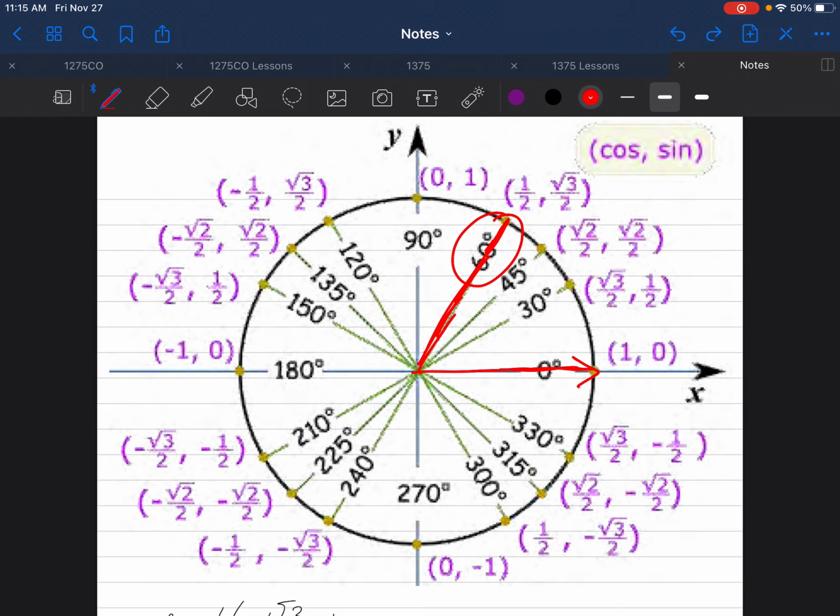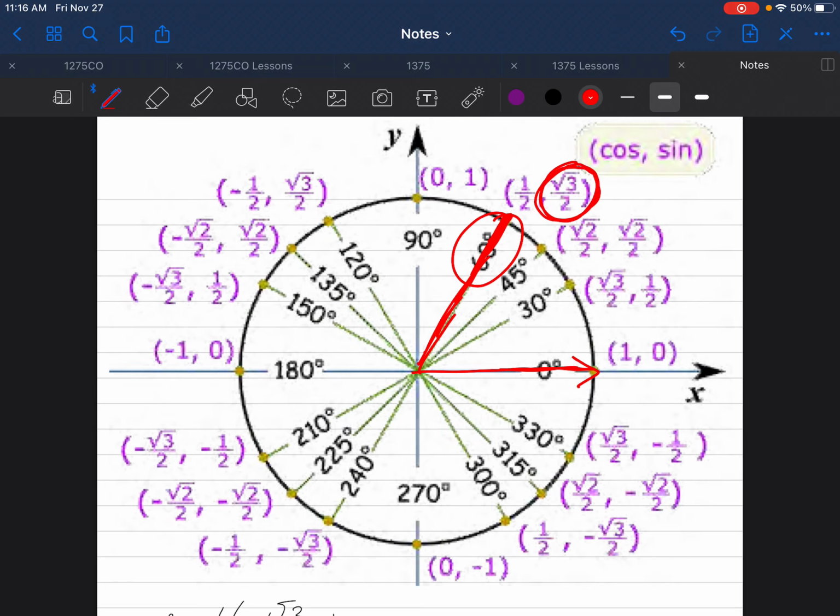There are an infinite number of pairs, but a select few special ordered pairs. This is one of those special ordered pairs, 1 over 2 comma radical 3 over 2. And this y value represents the sine of the associated angle that intersects that point on the unit circle. So the sine of 60 degrees is equal to radical 3 over 2 according to the unit circle.